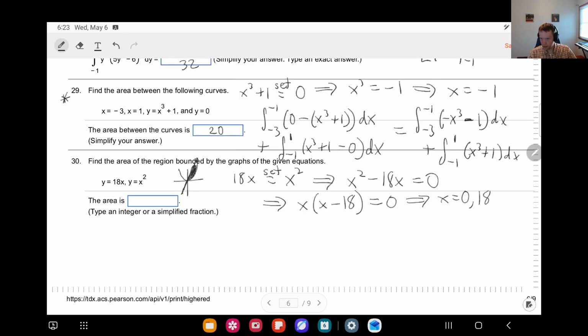Those are the numbers that we are integrating between. So 0 to 18. And I'm writing the 18x first because it's on top, on this interval at least. The line is higher than the parabola.